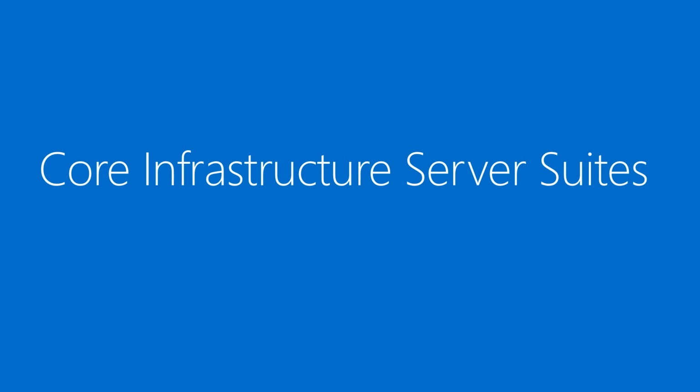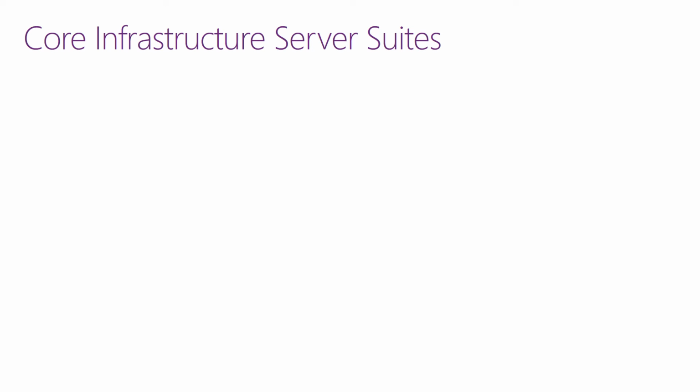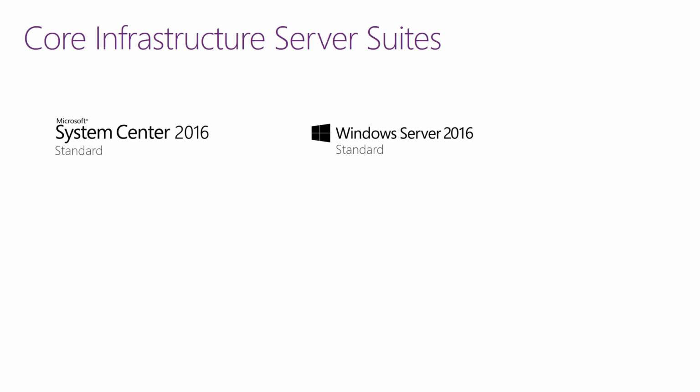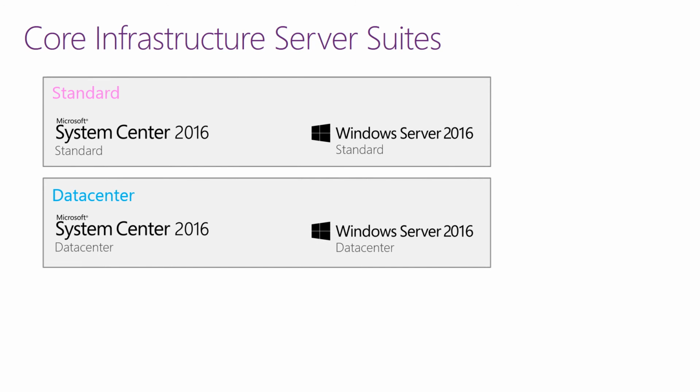In this last section of this session, let's turn our attention to the core infrastructure server suites. The core infrastructure server suites are a great way for customers to acquire licenses for 2 products. That's System Center 2016 and of course Windows Server 2016. There are 2 suites available. It's a standard suite, which includes the standard editions of both products, and a data center suite, which includes the data center editions of both products.